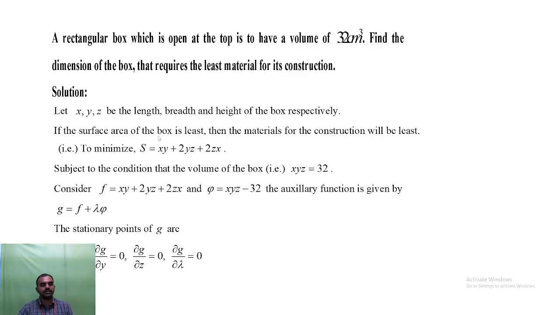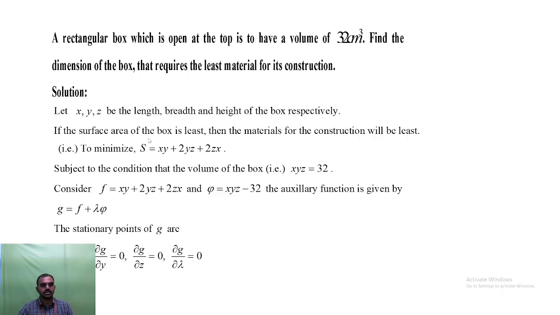If the surface area of the box is least, then the material for the construction will be the least. So to minimize, capital S = xy + 2yz + 2zx. So how to write this equation?